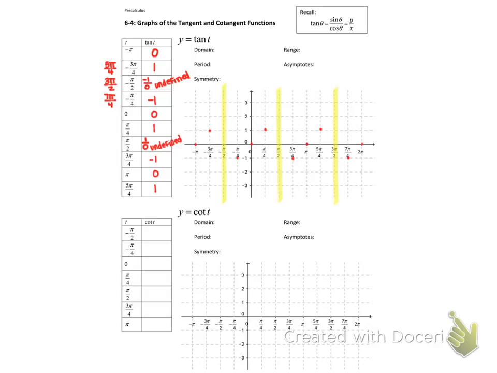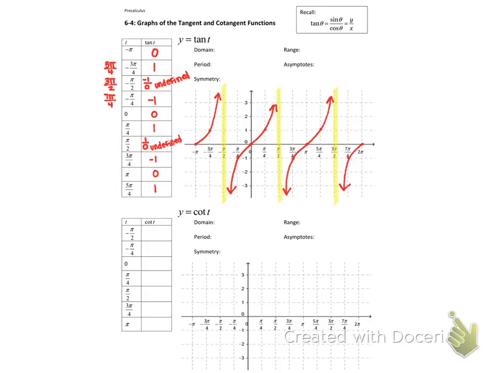So now when I connect, my tangent function approaches the asymptote. So here we have it.